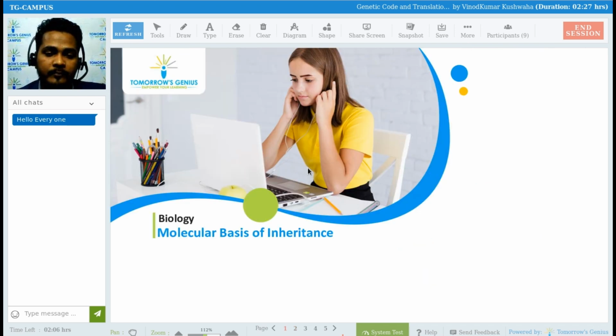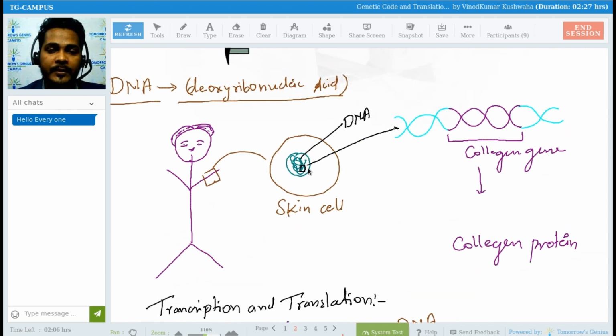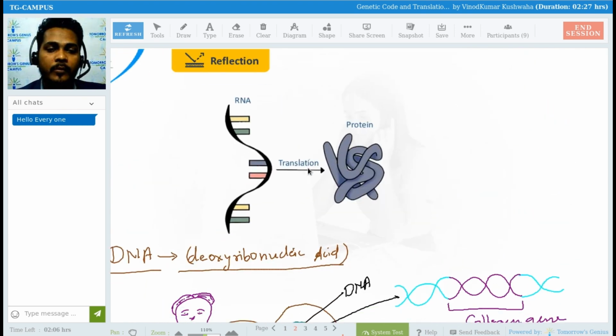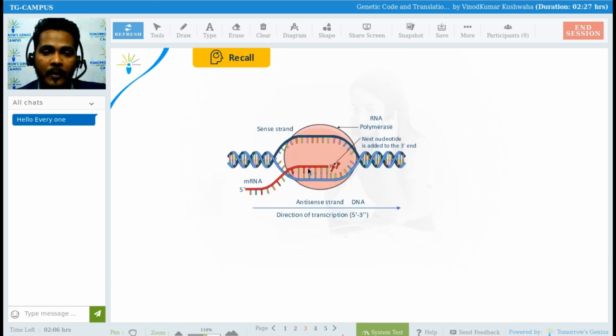As of now, in the previous session, we studied how transcription and replication take place. This is just a recall of the previous session. You can see the replication process. Here you can see this is the double-stranded DNA, and here you can see the sense strand.